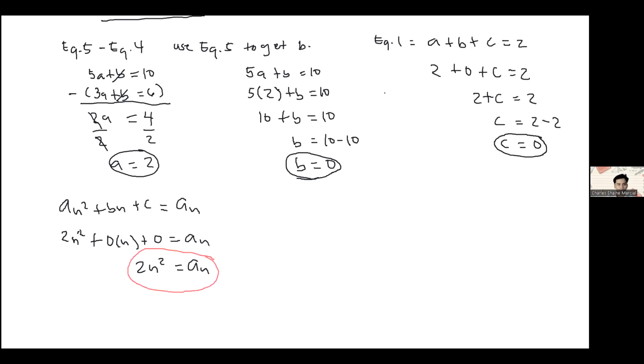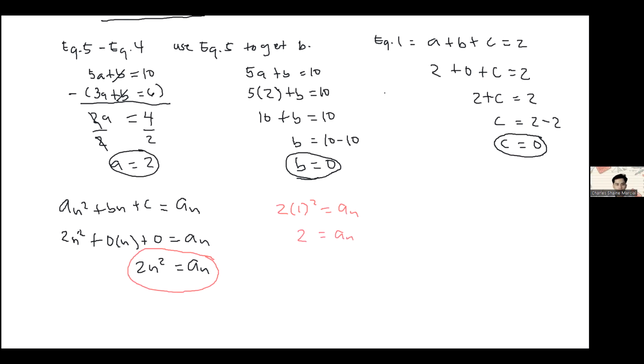So let's verify kung ito ba talaga yung general term. So hanapin natin yung value ng A sub 1. So we have 2 times 1, yung first term. So 1 squared is 1, so we have 2 times 1 is equal to 2. So ito yung first term natin.